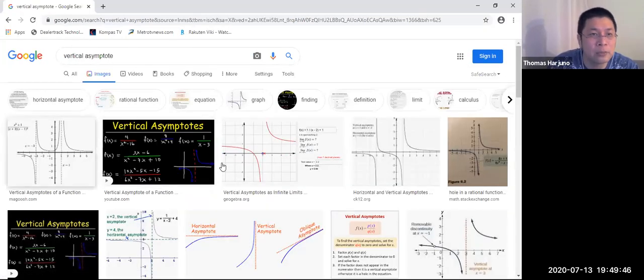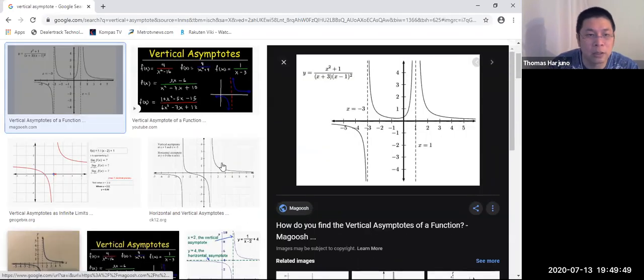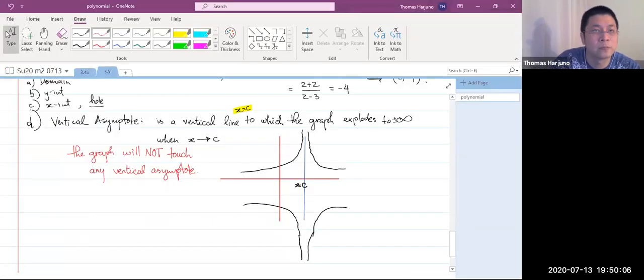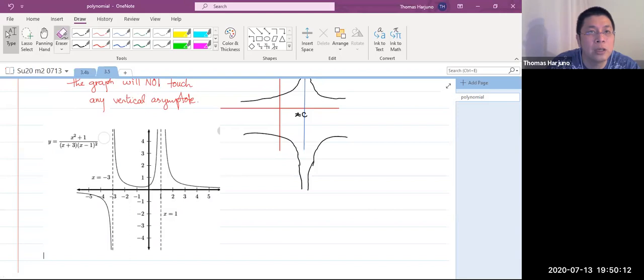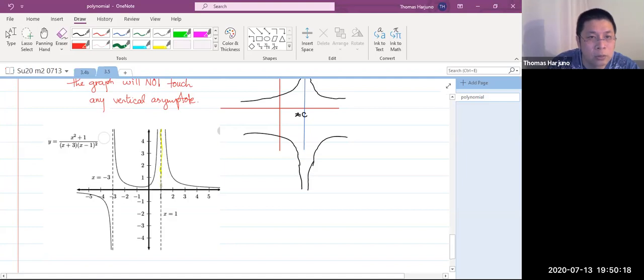Now, this is a vertical asymptote. So you see that these are the vertical asymptotes. This is a vertical asymptote. This is also a vertical asymptote. Okay, those are vertical asymptotes.